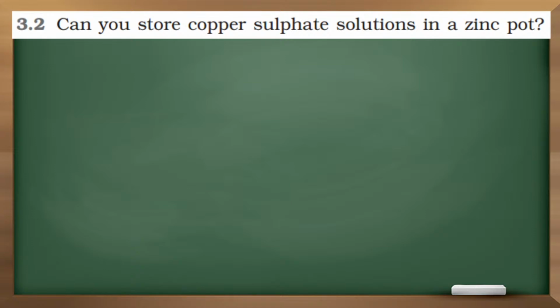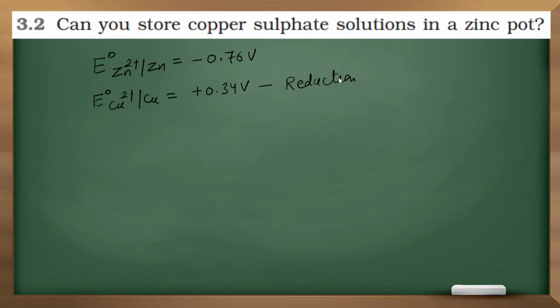So, if we compare the reduction potential of zinc and copper, the reduction potential of zinc is minus 0.76 volt, and copper's reduction is easier as compared to zinc and zinc's oxidation is easier.